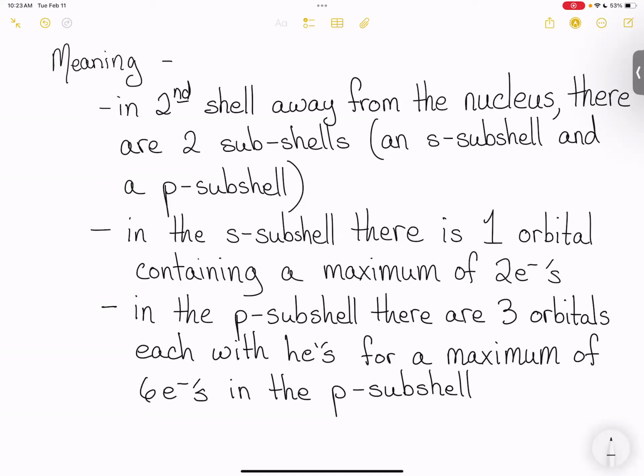Now, once you get to the transition metals, they're a little bit different, and I'll be going into more detail on Thursday as to why. But this represents an L of 2.